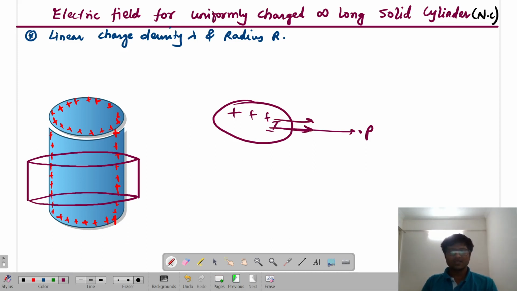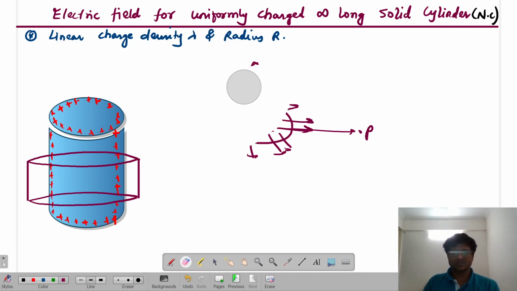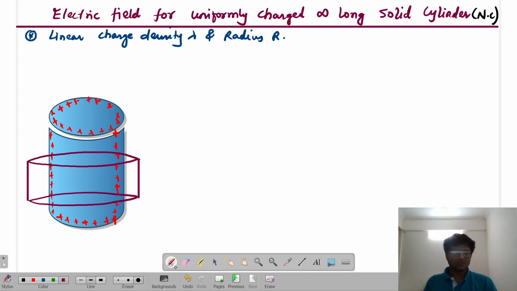So I need to consider the electric field. I told you that for them the electric field will be in the same direction. Why am I not considering the upward electric field? Because that is balanced by the positive charges over here, and due to repulsion, all this electric field from the upward direction will be cancelled out. Is that clear or not? So that is why the electric field and the area vector for the circular region are also making 90 degrees, just like the previous case. Is that clear?